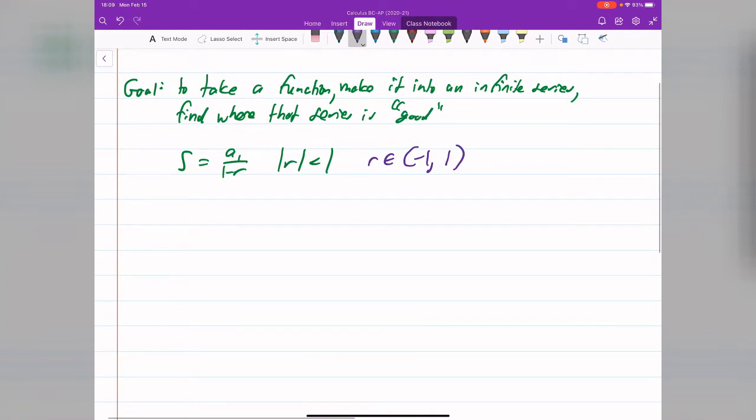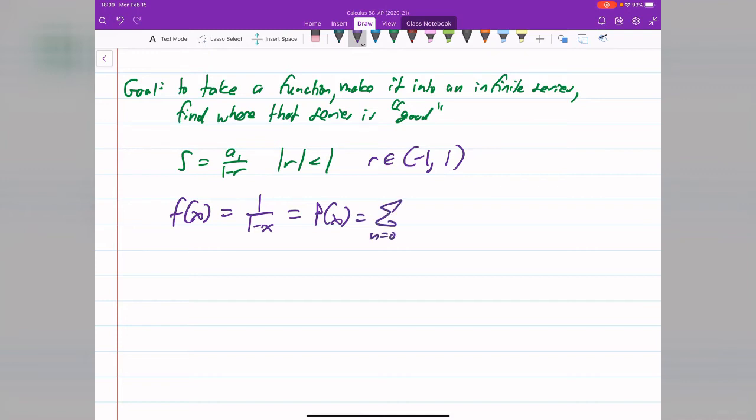So if we extrapolate that to a function like f of x is equal to 1 over 1 minus x, we can say that that is equal to a polynomial, which is the sum from n equals 0 to infinity of x to the nth power, but also only for x contained within that same interval that r would be, which is what this really is.